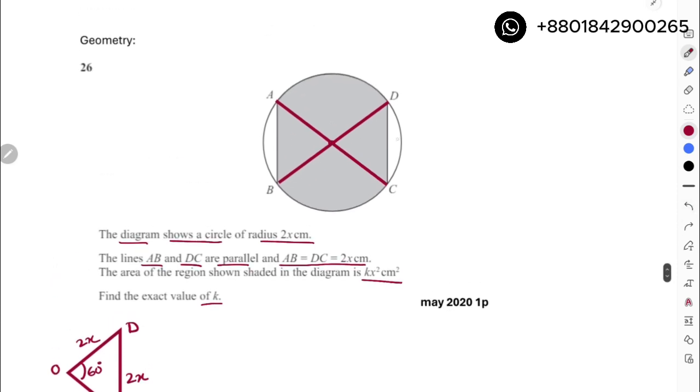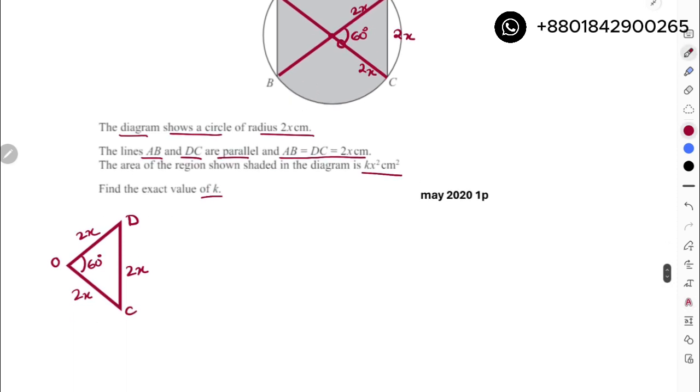So this is 2x, this is point O, this is your 2x, this is your 2x. That makes your angle at O 60 degrees. Now if the angle of this point is 60, the rest of this angle is going to be 120.